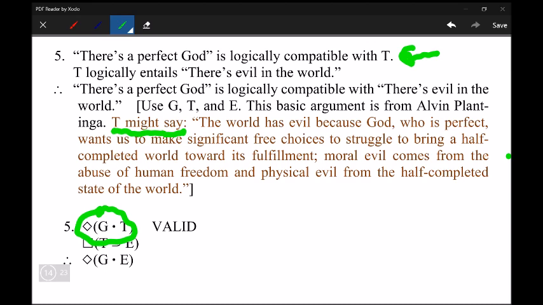One general principle about arguments is that you have a stronger argument if you have weaker premises. What do I mean by weaker premises? That don't go out on a limb, that say the minimum to establish the conclusion.